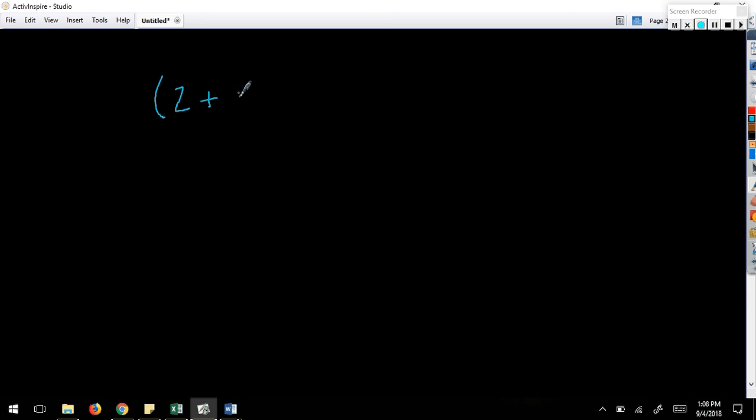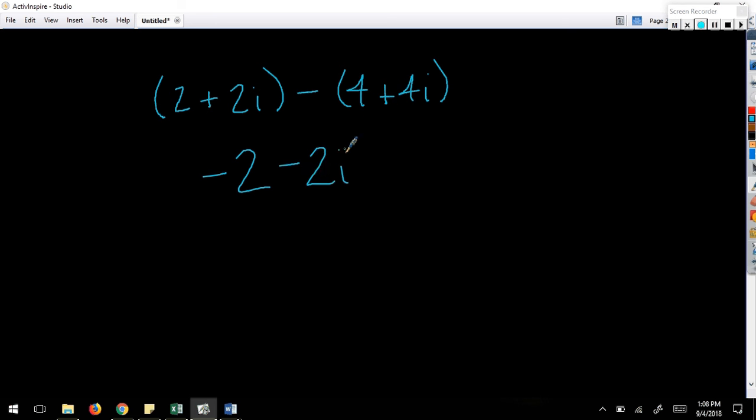Give me a random complex number. 2 plus 2i. Give me another. 4 plus 4i. Subtract the terms that are common. 2 minus 4 is what? -2. 2i minus 4i is -2i. Does that make sense?